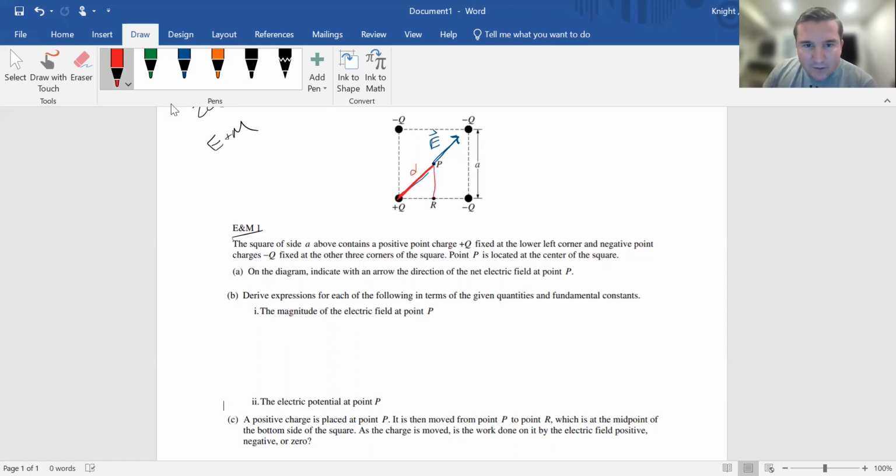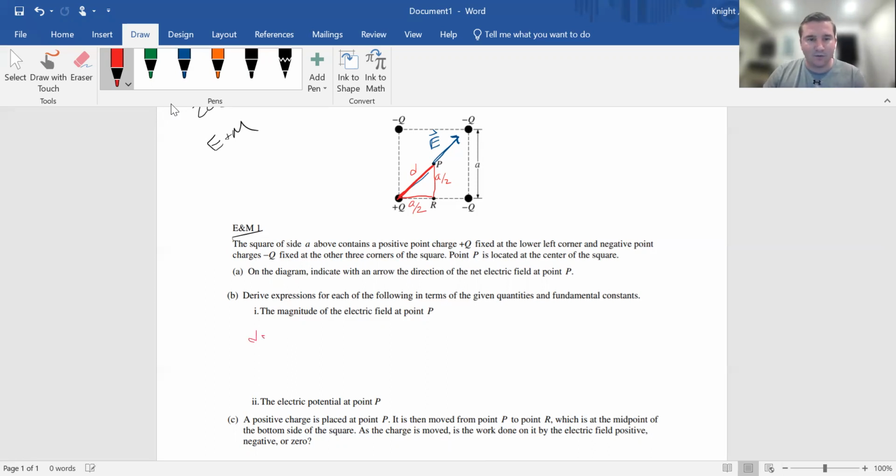So I'm going to split this into a little right triangle here with sides A over 2. And then since this is a right triangle, we can use either Pythagorean theorem or trigonometry to figure out what D is going to be, whichever way is easiest. So maybe we use Pythagorean theorem.